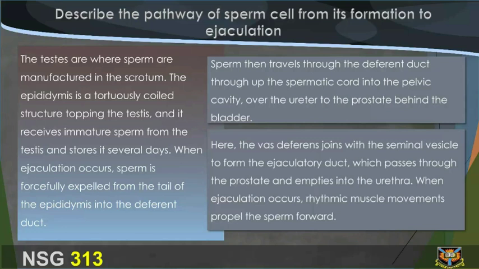Sperm then travel through the different ducts up the spermatic cord into the pelvic cavity, over the ureter to the prostate behind the bladder. Here, the vas deferens joins with the seminal vesicle to form the ejaculatory duct, which passes through the prostate and empties into the urethra. When ejaculation occurs, rhythmic muscle movement propels the sperm forward.